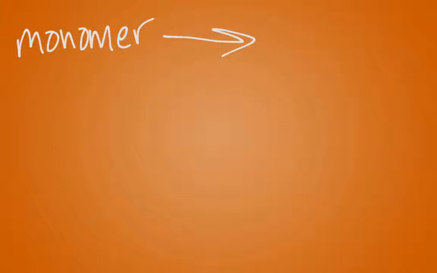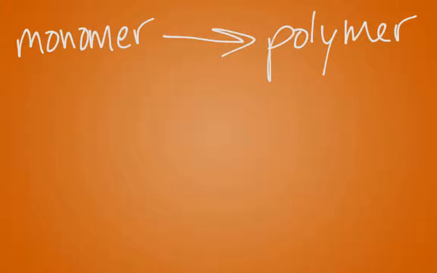Macromolecules are large molecules that result from the joining of smaller molecules that we call monomers. A monomer is a single unit, and when you put multiple monomers together, you get a polymer. A good way to think of this is like linking cars on a train.